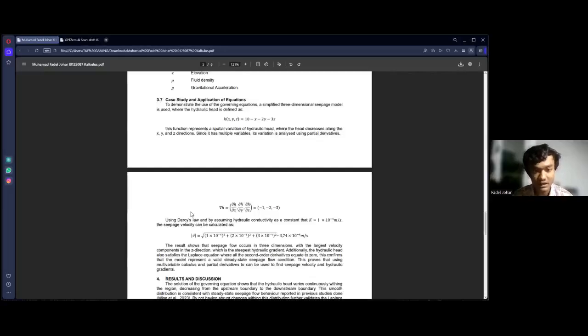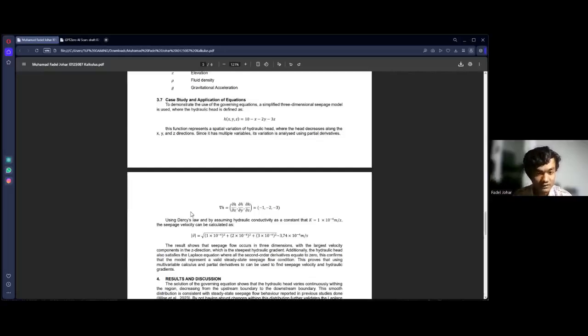Using Darcy's law, and by assuming hydraulic conductivity as a constant, in which K, the hydraulic conductivity, is equal to 1 multiplied by 10 to the power of minus 4 meters per second, the seepage velocity can be calculated as such. And we can approximate that the seepage velocity is roughly 3.74 multiplied by 10 to the power of minus 4 meters per second.